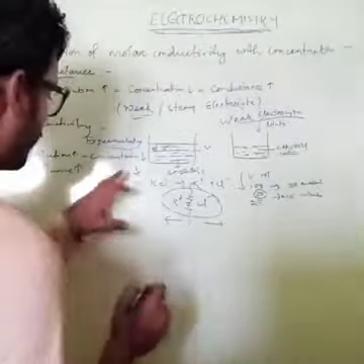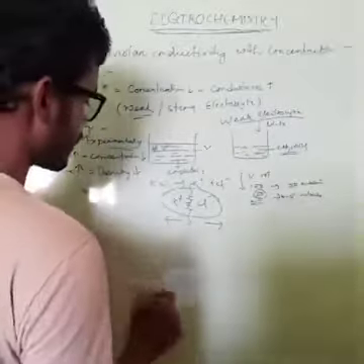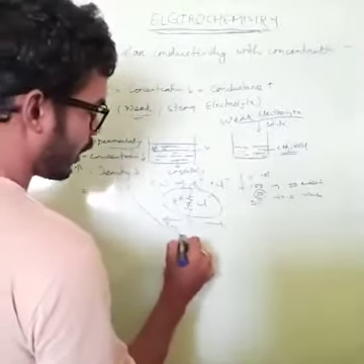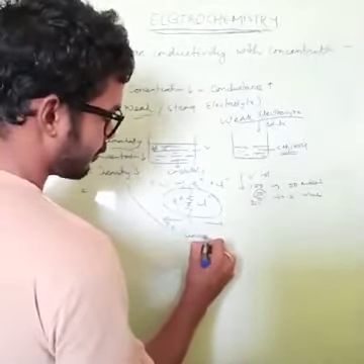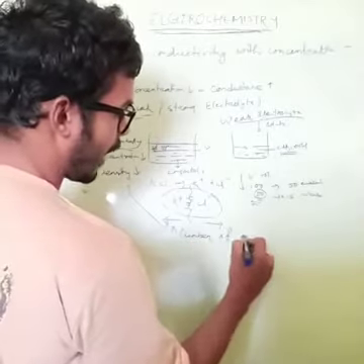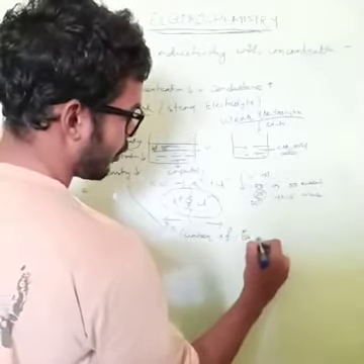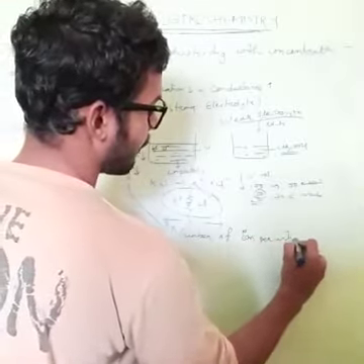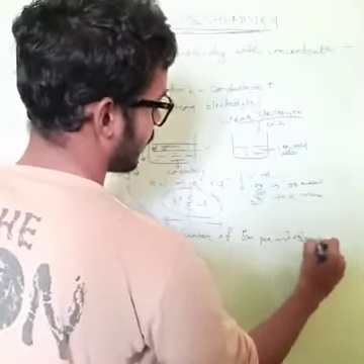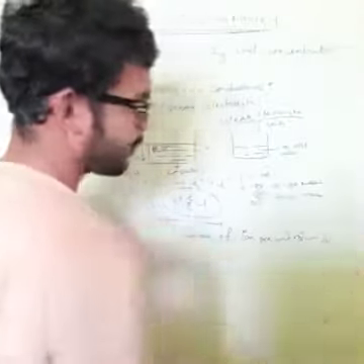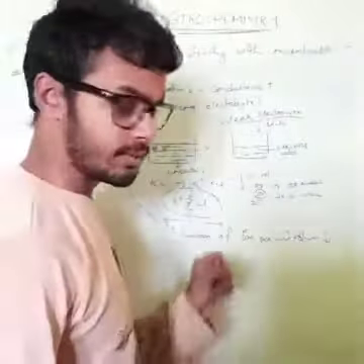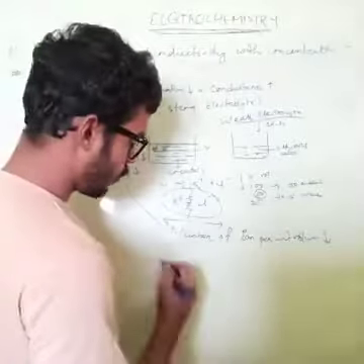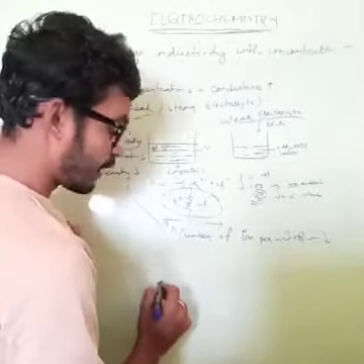And again, if density decreases, that means the number of ions per unit volume decreases. Why am I taking this? Because what is conductivity?